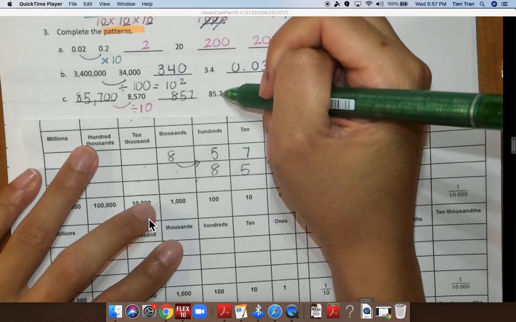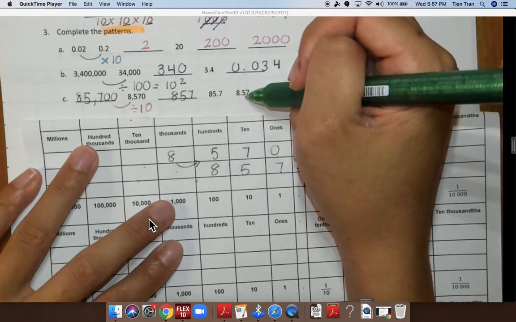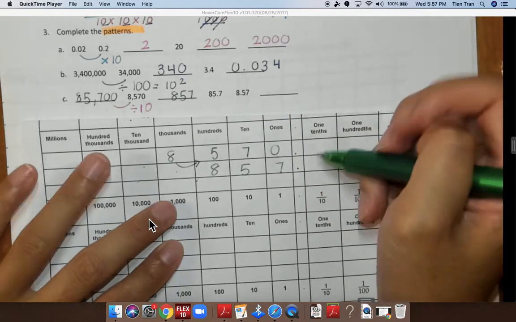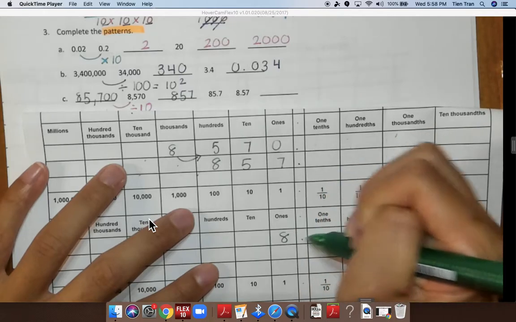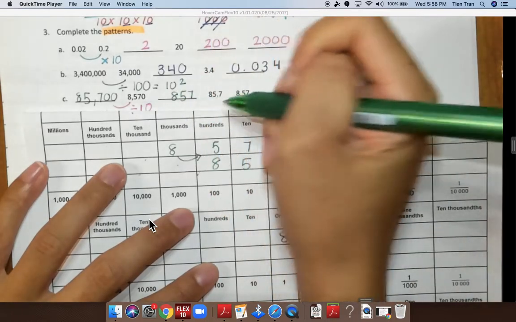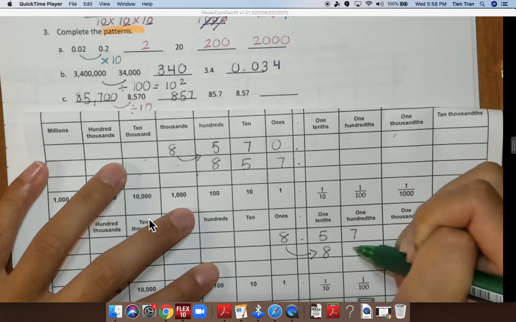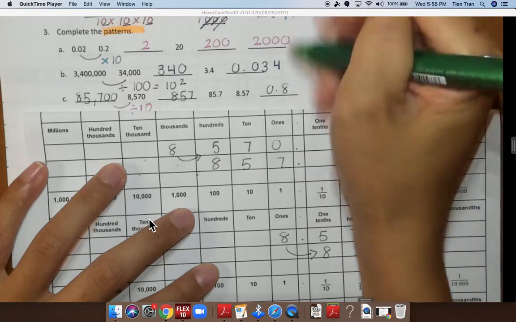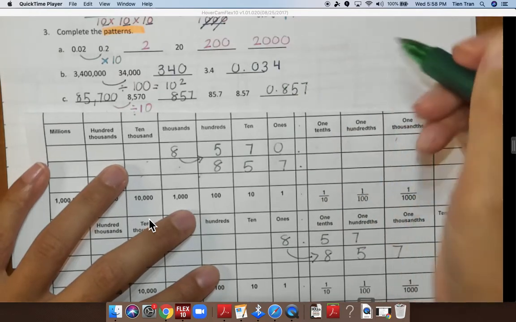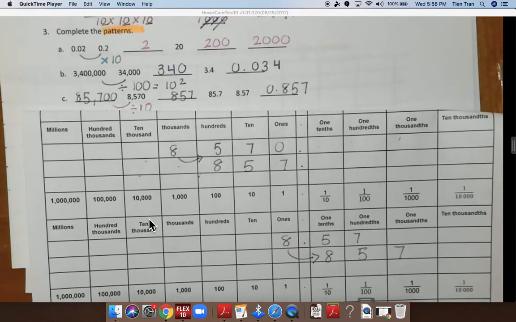And then it changes to 85 and 7, and then it changes to 8 and 57 tenths. So from 8 and 57 tenths, I'm going to write that right here. 8 and 57 tenths, I'm going to move over once. Divide one time. So I'm going to get 0.857, which you read as 857 thousandths.